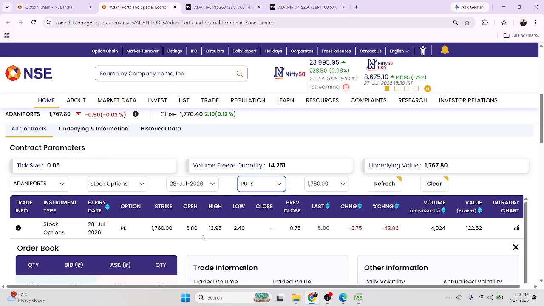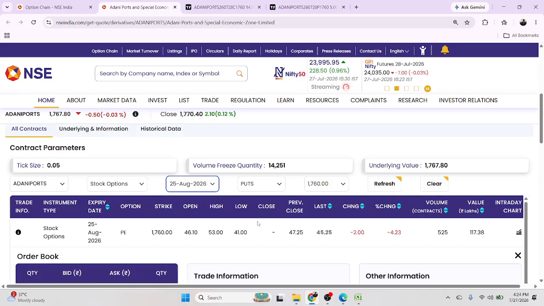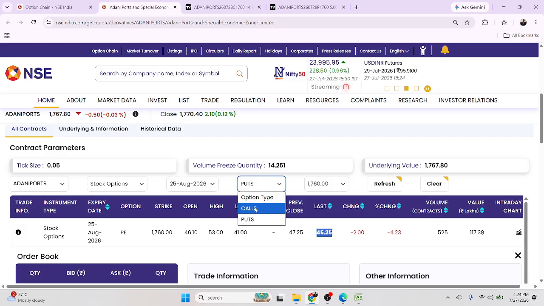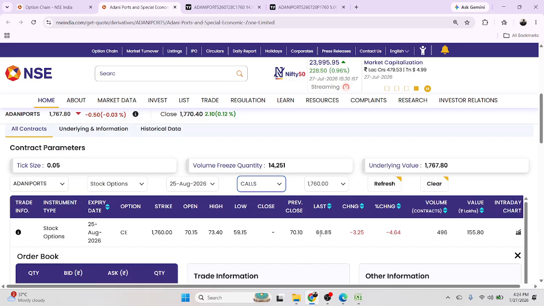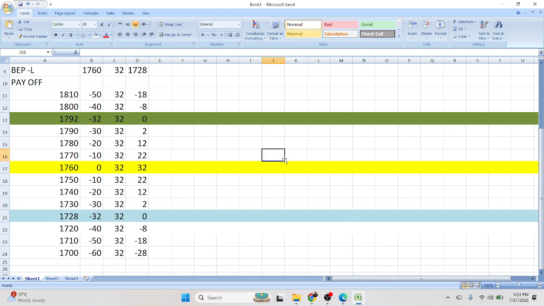If you see the same stock, the same strike price for the next month, you'll see the premium is 45 points, and same thing for the call, the premium is right now 66 points. So 66 plus 45 equals 111 points.